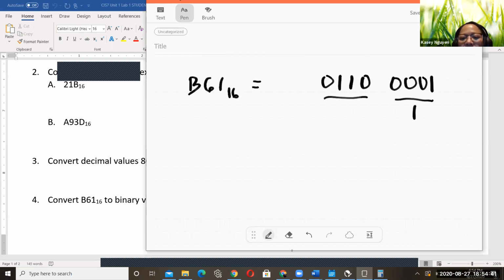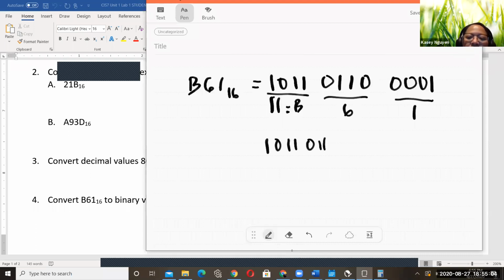This is going to give us a 6. And then B is 11. So that means that 1 is on, 2 is on, 8 is on. So we have 1 on, 2 on, 4 off, and 8 is on. That gives us 11, which is B. So what's your answer? 1 0 1 1 0 1 1 0 0 0 0 1.